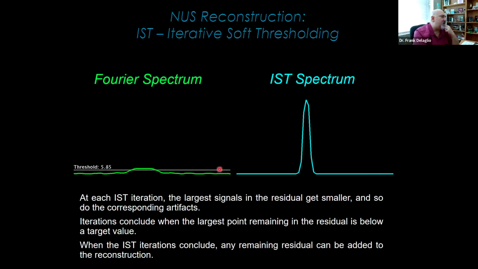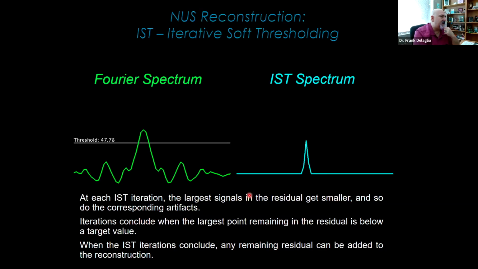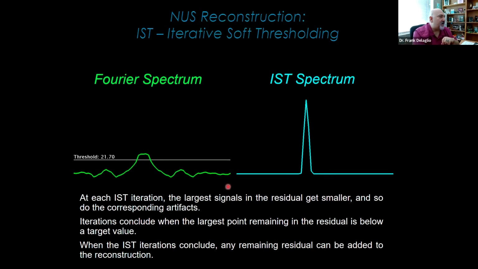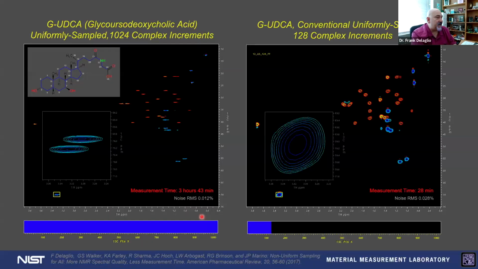And as the original signals get smaller and smaller, the corresponding artifacts get smaller too. And at the end, whatever residual is left, we can add into a final result. So we can iteratively get a nice spectrum without reconstruction artifacts. This method is called iterative soft thresholding. And it works really well.